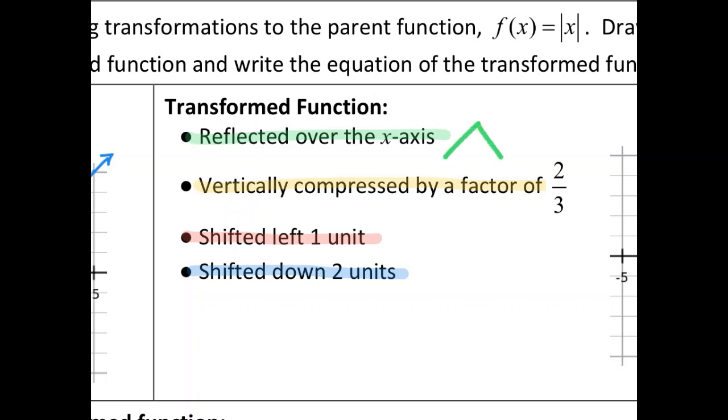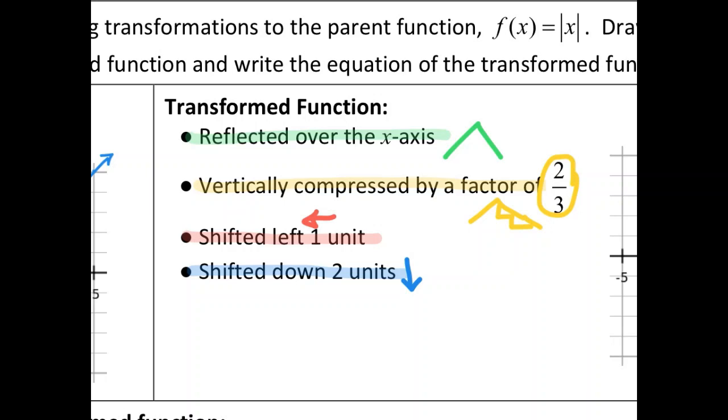That the vertical compression factor that says here factor 2/3 means that the sides of the absolute value are going to have a slope of 2/3, and the shift left 1 takes that vertex and shifts it to the left, and shift down 2 units takes the vertex and shifts it down 2 units.